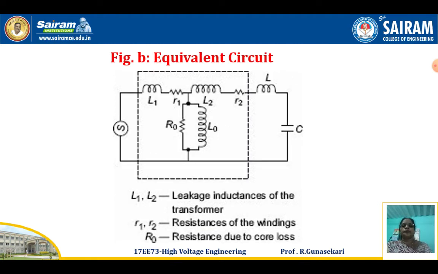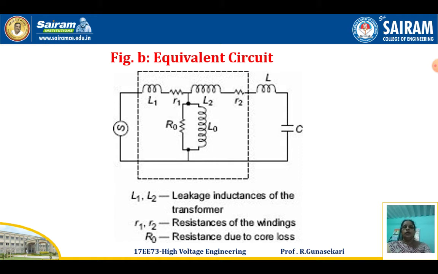Figure B represents the equivalent circuit of the resonant transformer. In this figure, L1 and L2 represent the leakage inductance of the transformer. Small r1 and r2 are the resistances of the windings of the transformer. R0 represents the resistance due to the core loss only. Now you see the circuit diagram.